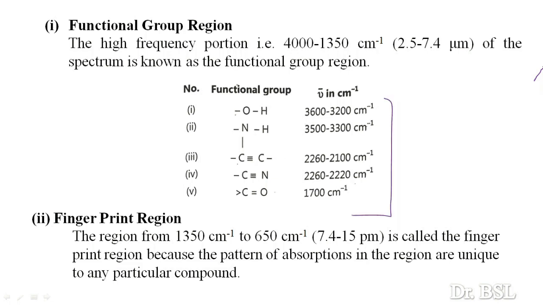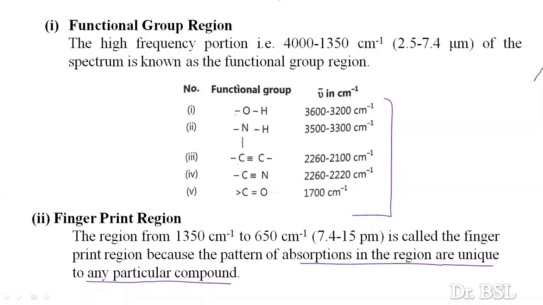We can identify the functional group with the help of study of functional group region, and the region which is known as fingerprint region is from 1400 or 1350 centimeter inverse to 650 centimeter inverse, and the pattern of absorption in this region is unique to the particular compound, like our fingerprint.